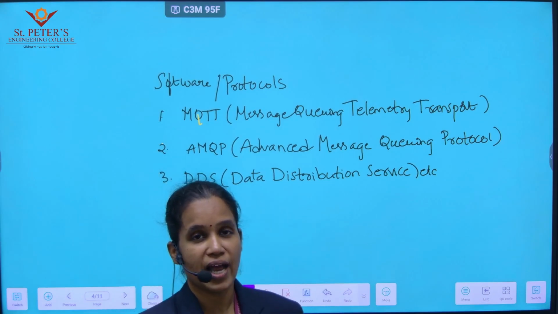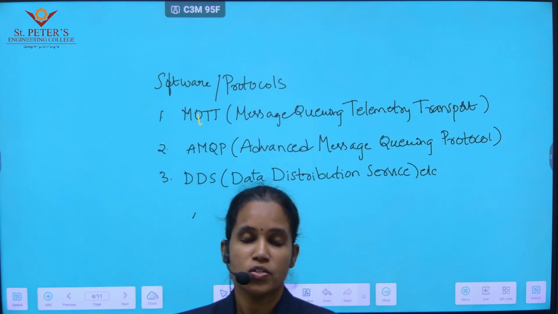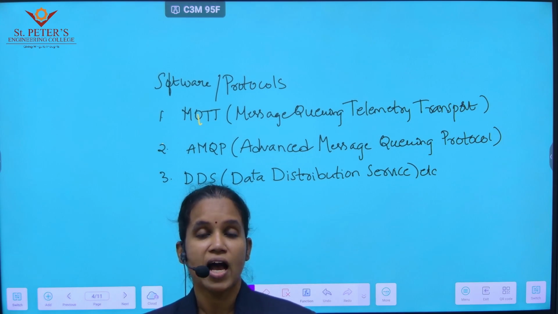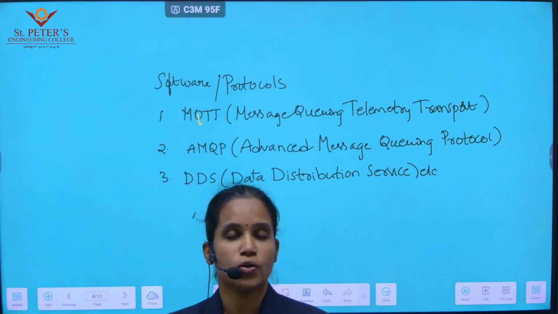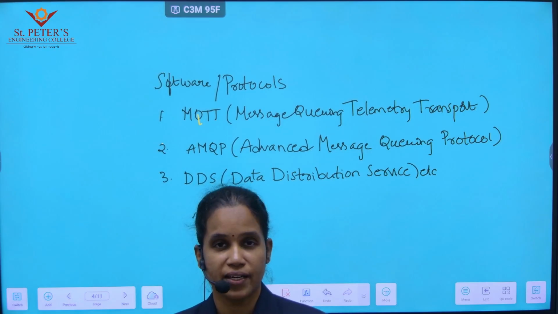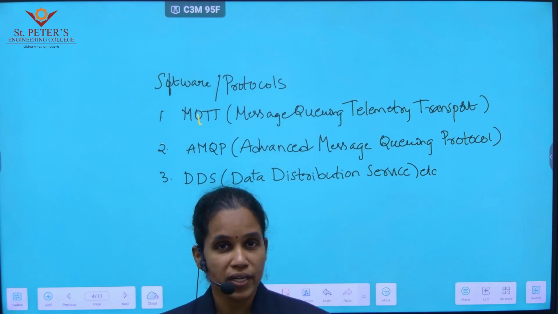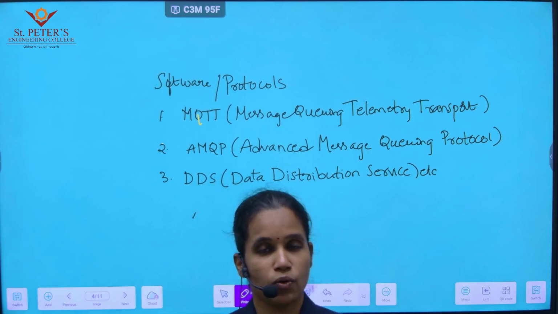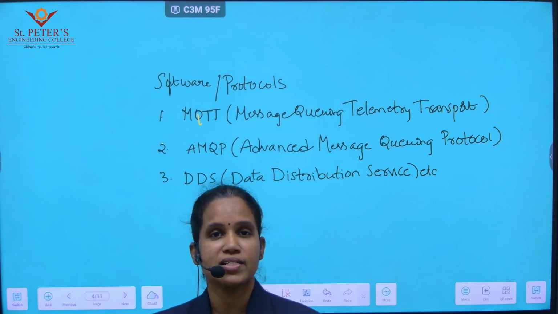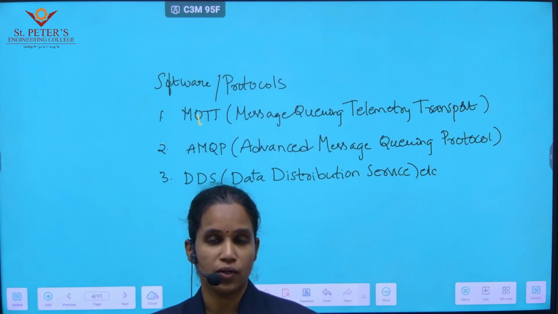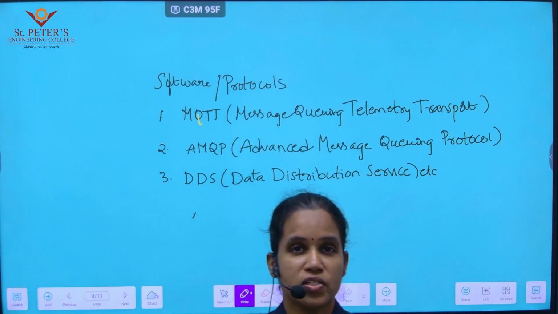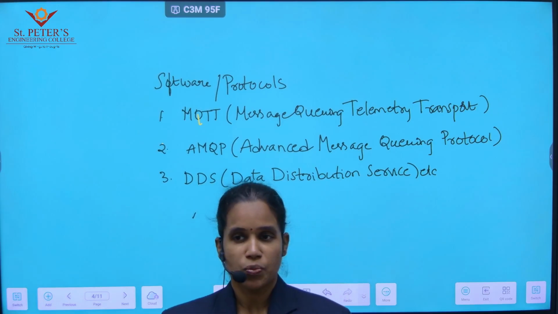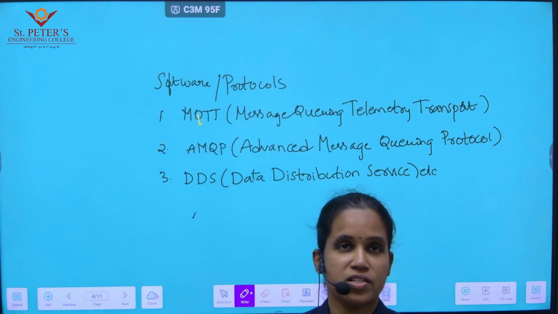Coming to the last one, connectivity technology. This connectivity technology tells how two IoT devices talk to each other, like how they are connected, whether using an IP technology or a non-IP technology. Let me take one situation.